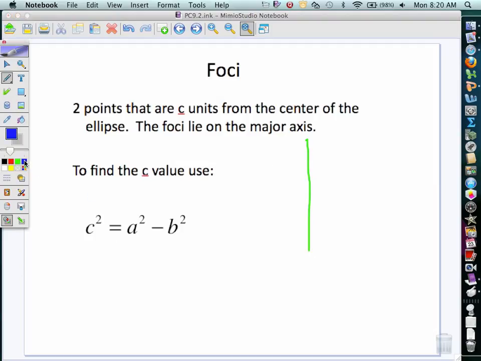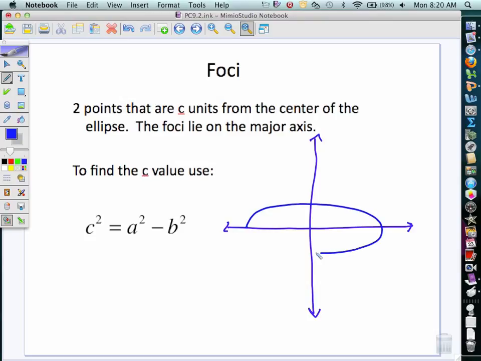All right, now let's again look at an ellipse, and we'll start putting some of these pieces together. If this is my ellipse, and the first vertex here is 4 units from the origin, the other vertex would also then be equidistant, so 4 units from the origin.